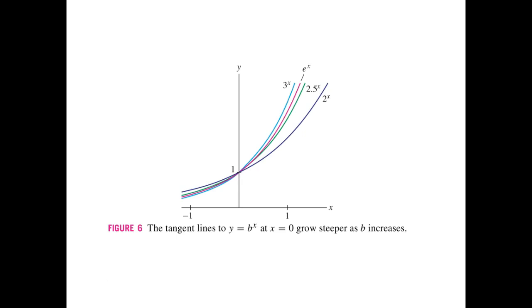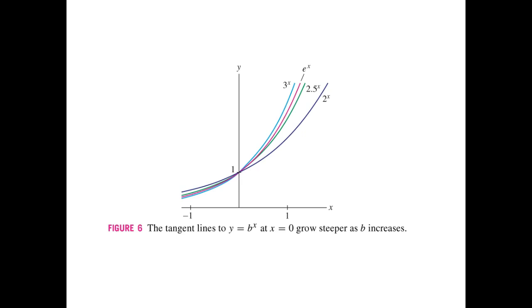Because anything to the 0th power is 1, except 0, but we're not having a base of 0. So all these pass through that. So when b is equal to 2, you go up there. B is equal to 2.5, you go up a little steeper. The 2 to the x is flatter down here, or higher, larger here, smaller there. It goes up more slowly.